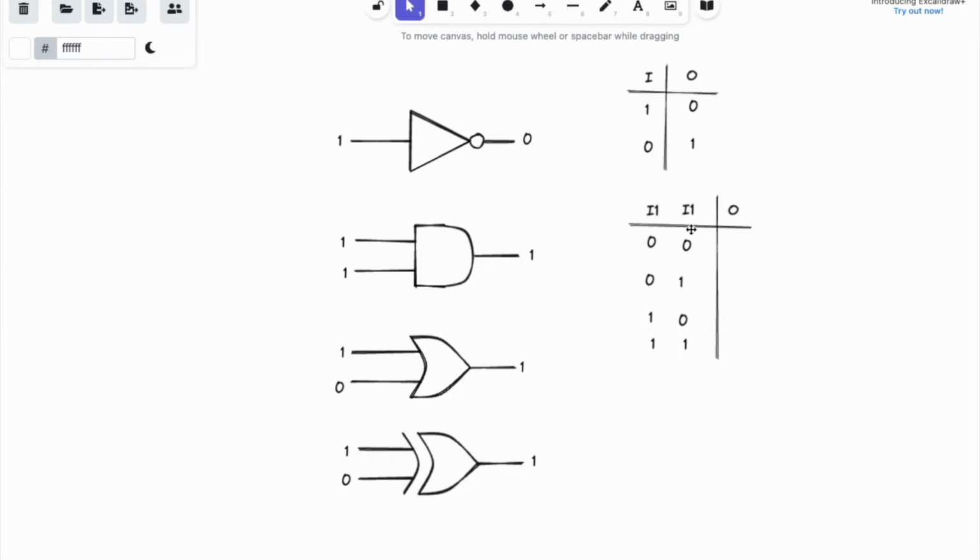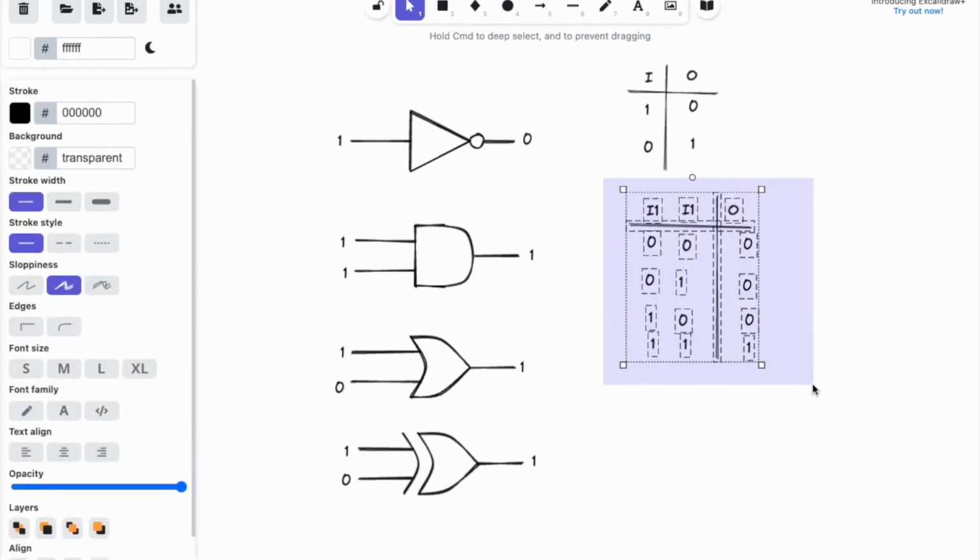Now these become much more useful when we have more complicated gates or more complicated circuits composed from several gates, for understanding the relationship between the inputs and the outputs. To fill out this table here for the AND gate, we described earlier that it will only output a 1 if both of the inputs are 1, otherwise you just get 0 as the output.